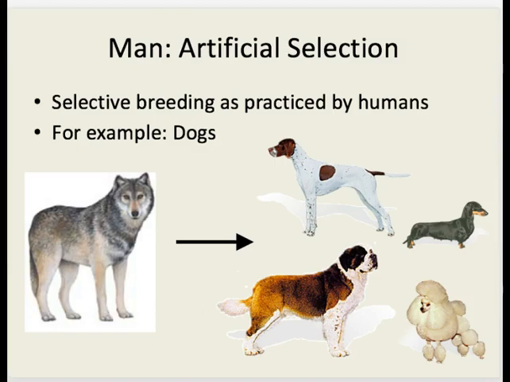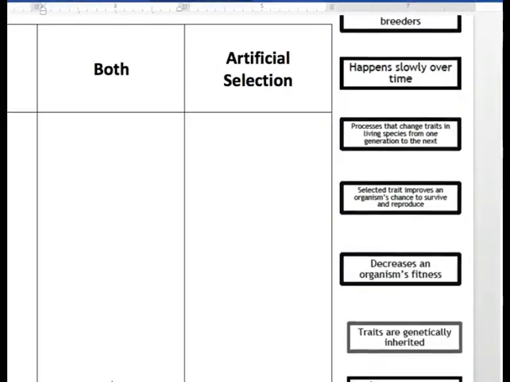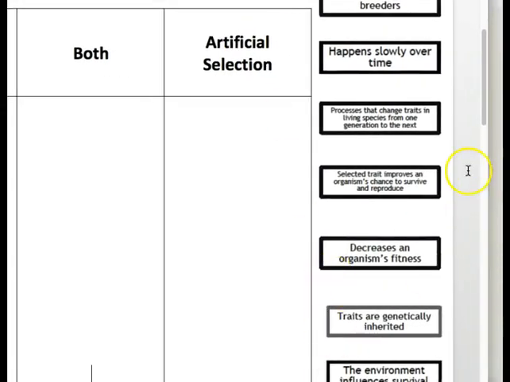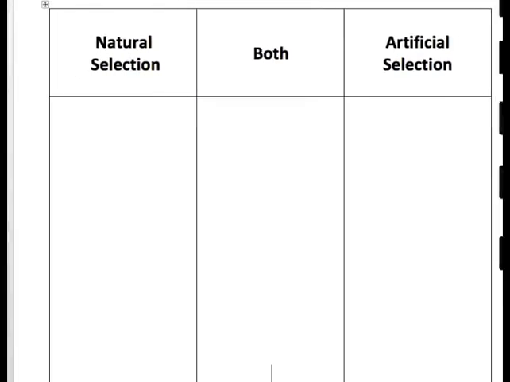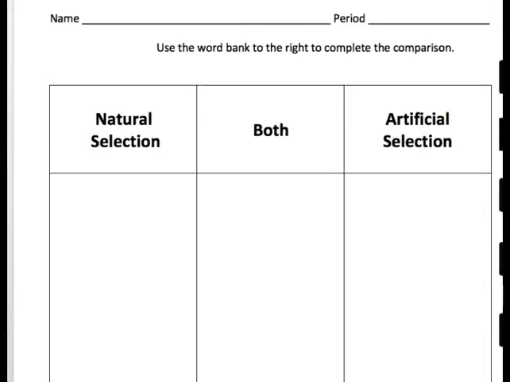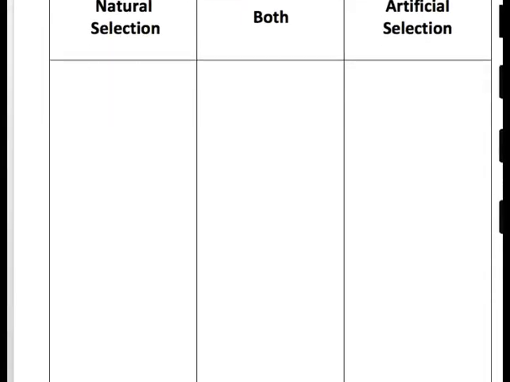So we now have one more we can fill in, and that is a process that changes traits in a living species from one generation to the next. Well, that wasn't what I was looking for, but that definitely sounds like both artificial and natural selection. So if you don't have that in there, let's make sure you do, because I think that was our first one.